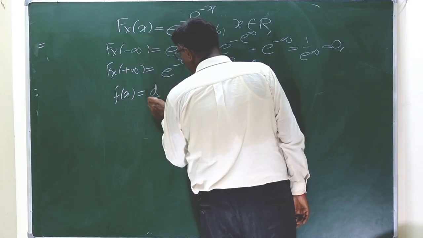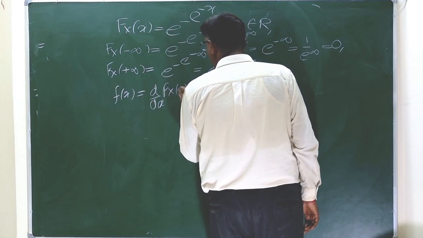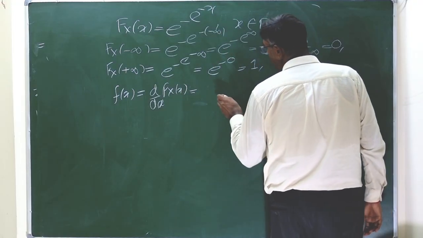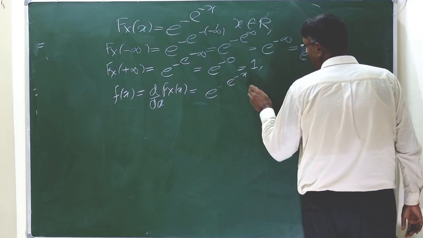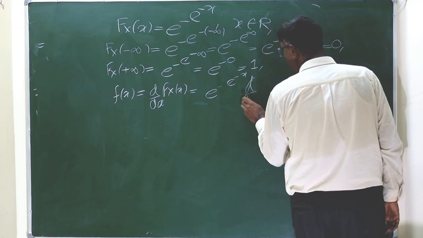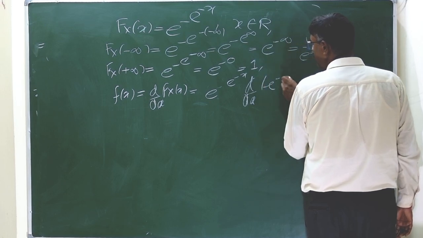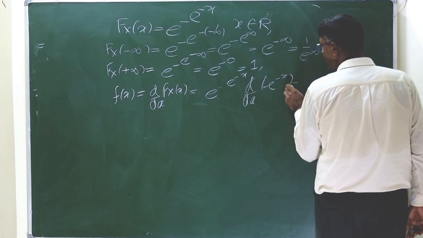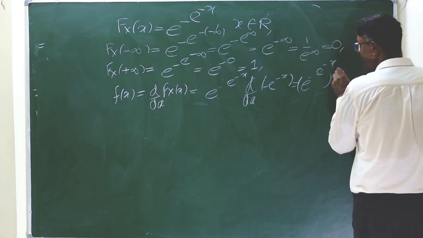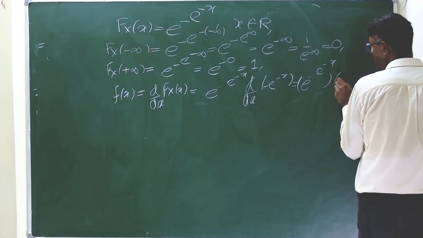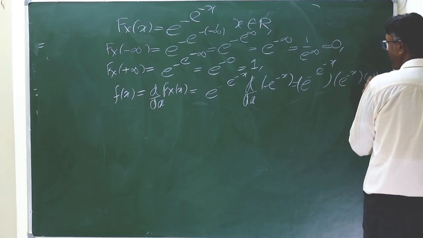This is the derivative of f of x, which will be e to the power minus of e to the power minus x, then the derivative of minus of e to the power minus x, so e to the power minus of e to the power minus x multiplied by e to the power minus x and minus 1.